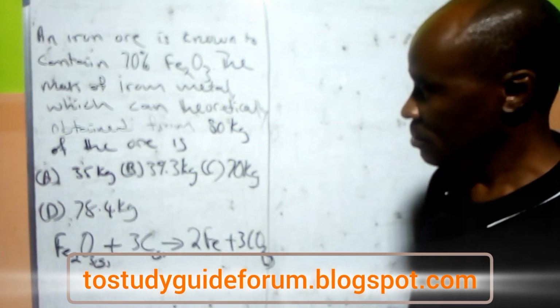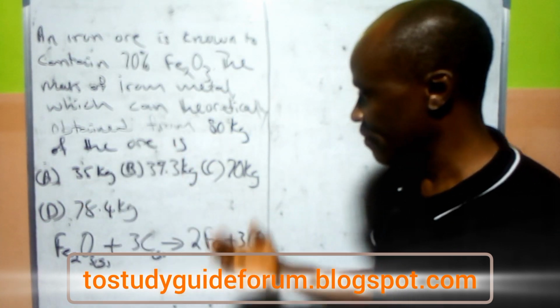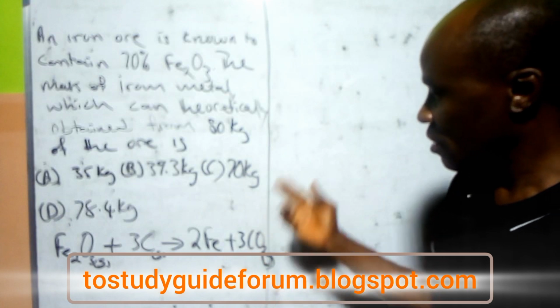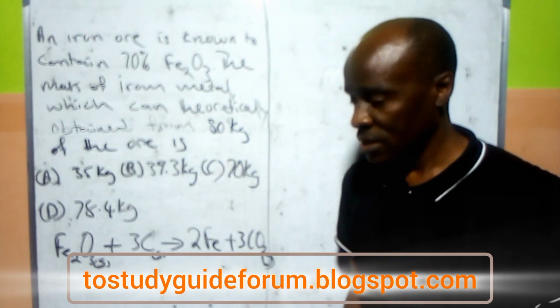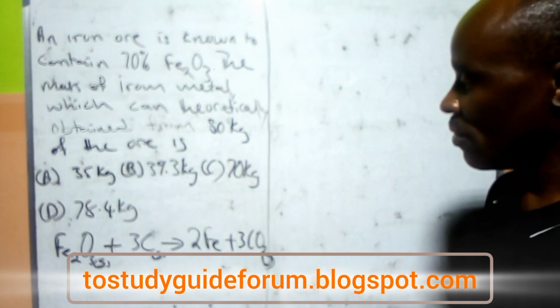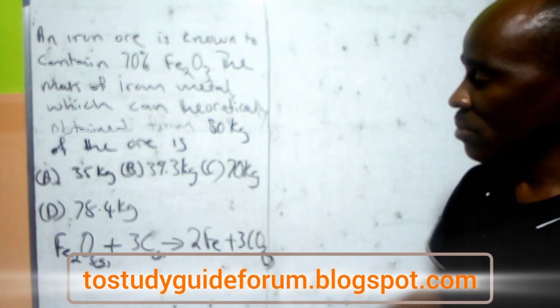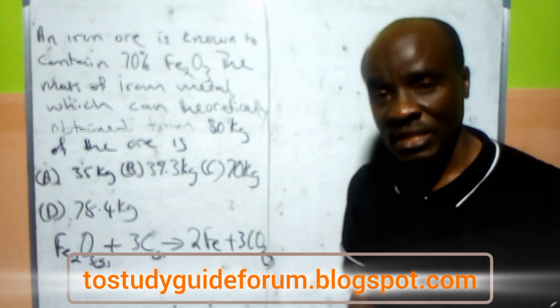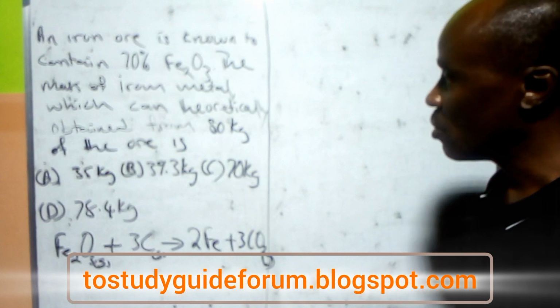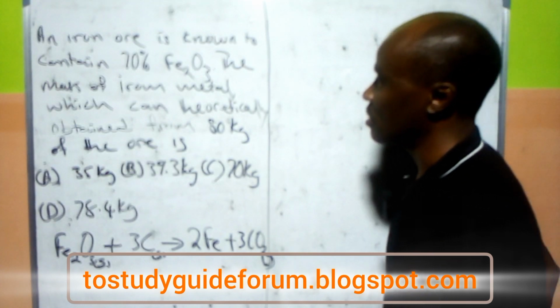We have options there: 35, 39.3, 70, and 78.4 kg, all of them in kg. So look at the balanced chemical equation of what we have. From this balanced chemical equation, we are going to be looking at how we can get this done.